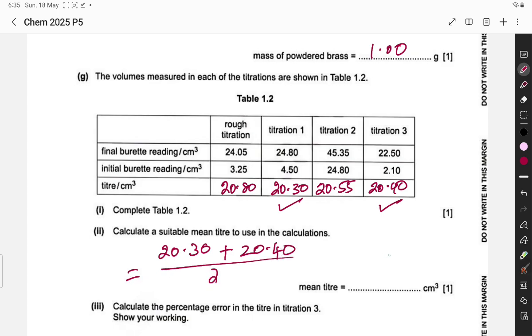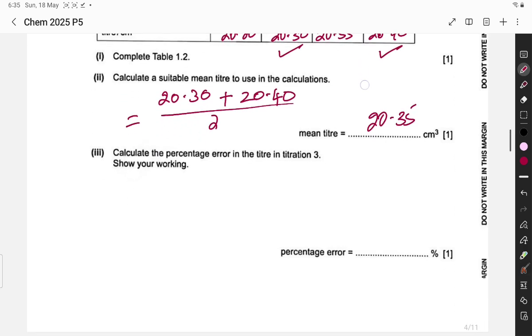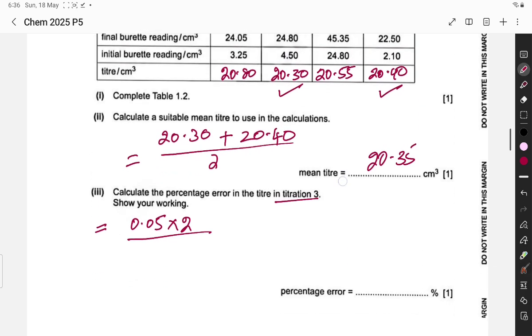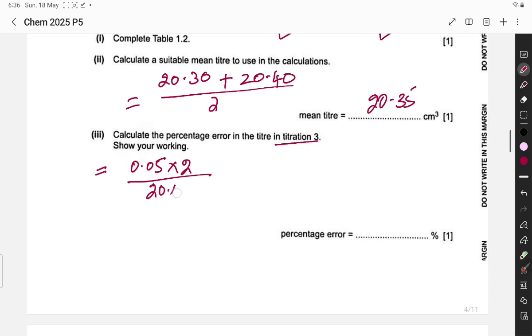So the mean titre is 20.35. Calculate the percentage error in the titre in titration 3. We know the accuracy of the titration burette is 0.05. So we use the reading 2 times, initial and final, multiplied by 2, and titration 3 is 20.40, times 100. So the percentage error is 0.49.